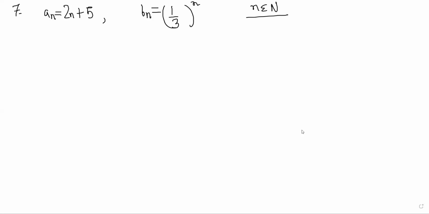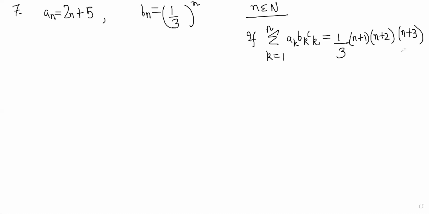And then we have to do the summation of a_k b_k c_k. If the summation of a_k b_k c_k, where k goes from 1 to n, is equal to 1 by 3 times n plus 1, n plus 2, n plus 3.